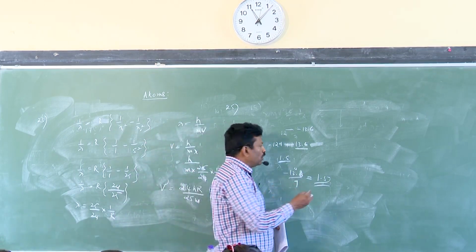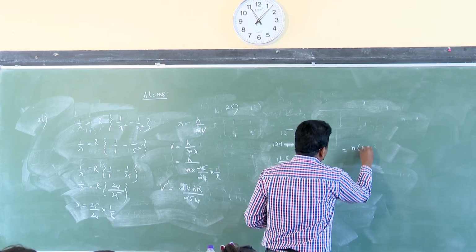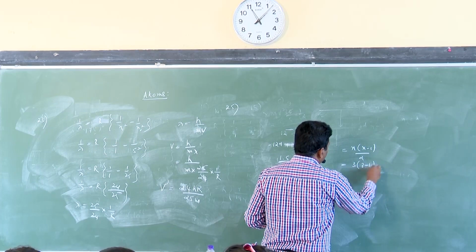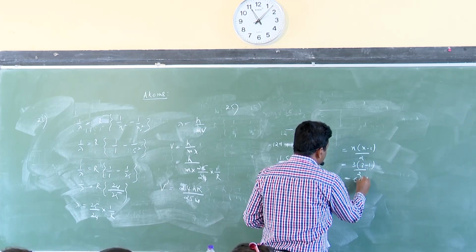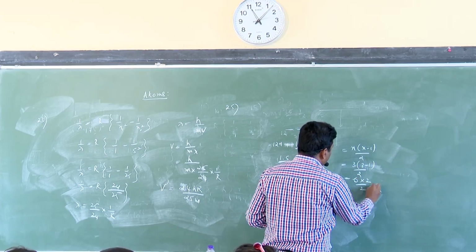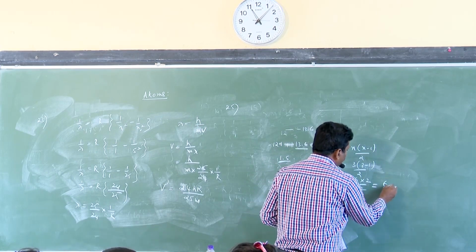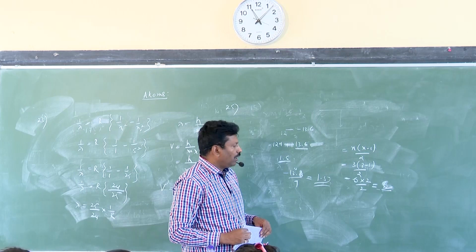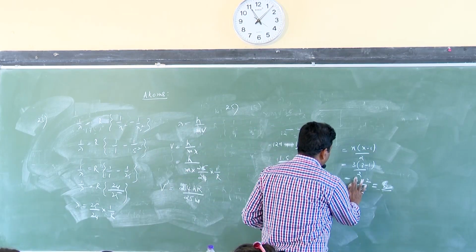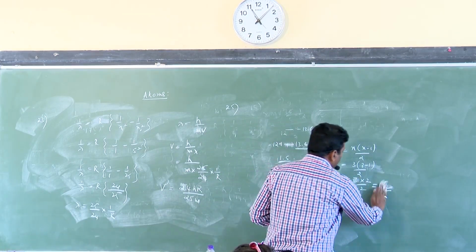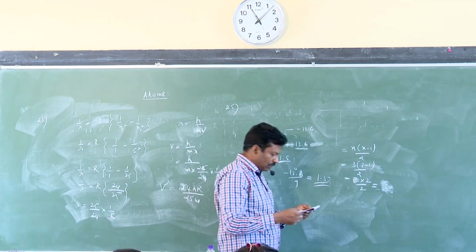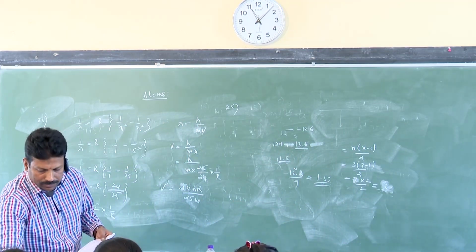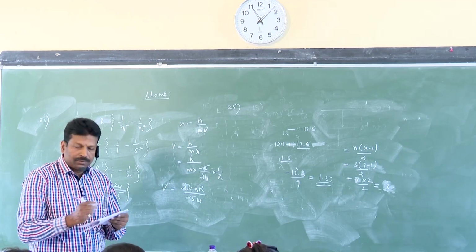I have already told you the number of spectral lines is n into n minus 1 by 2, which is 3 into 3 minus 1 by 2, so 3 into 2 divided by 2, which is 3 spectral lines. Option number C. Are you clear?